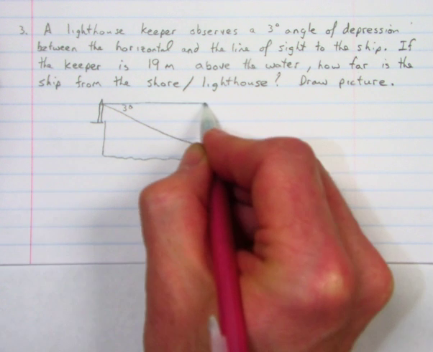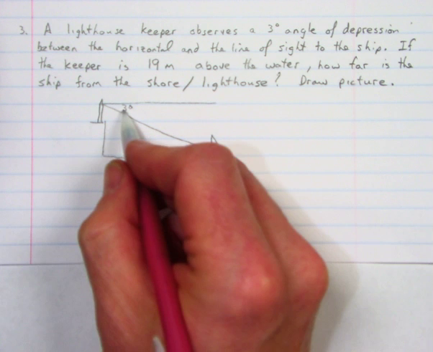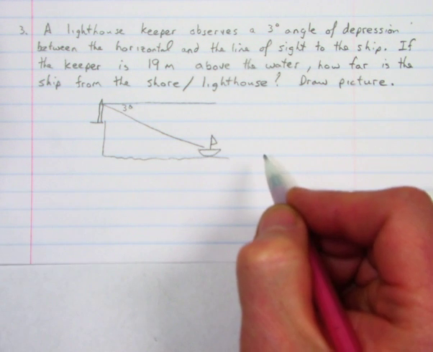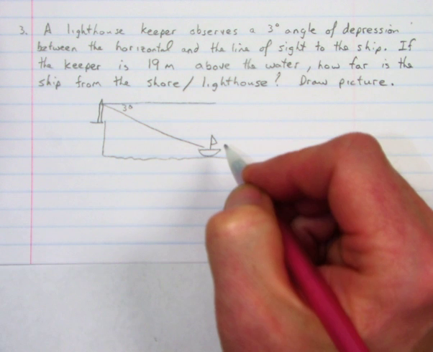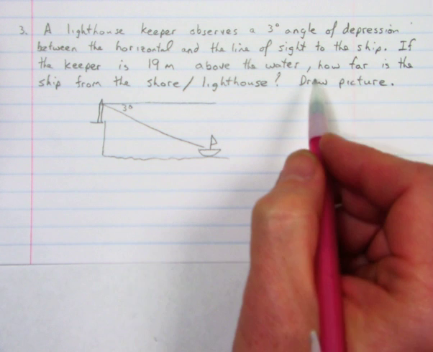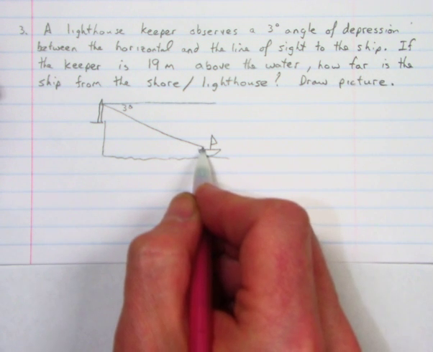Now note about this problem, my picture doesn't have to be to scale. I think it's fairly safe to say that's not 3 degrees, but I'm going to use this information. Now, what do I want? I want to say how far is the ship from the shore? So we can do this a couple of ways.